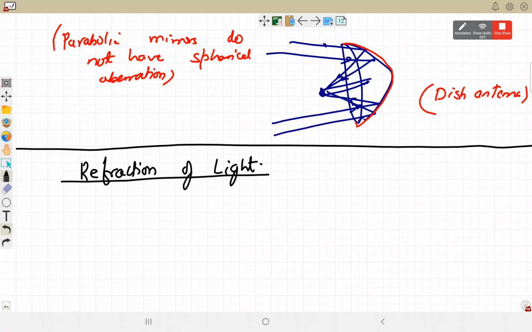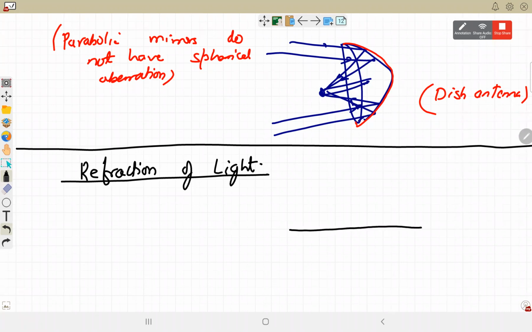Correct? So when light is incident on a medium boundary, going from one medium to another medium, the light deviates from its initial path, and that deflection is called refraction of light.